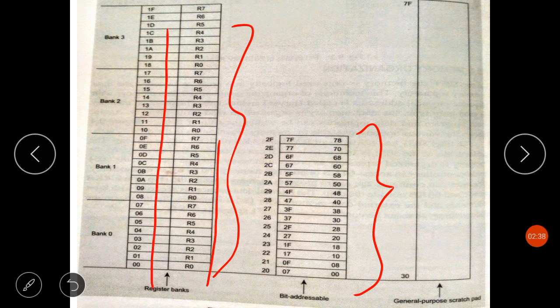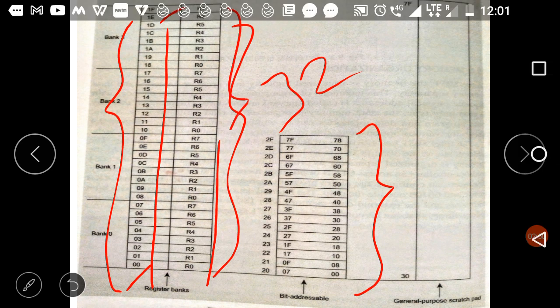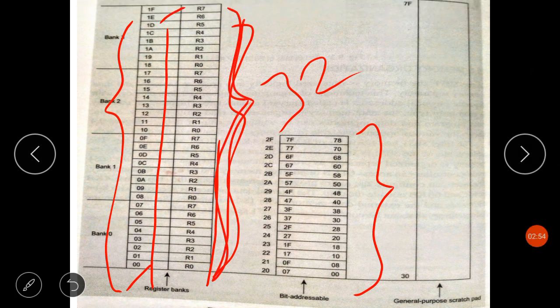As I told you, the register bank area extends from 00H to 1FH, constituting 32 bytes. So these addresses are given to these 32 working registers. Each bank has 8 registers, so 4 banks have a total of 32 registers, and each register has an address as well as a name.